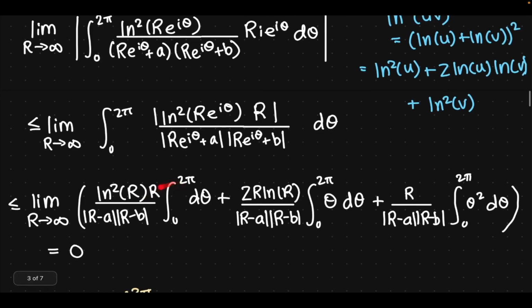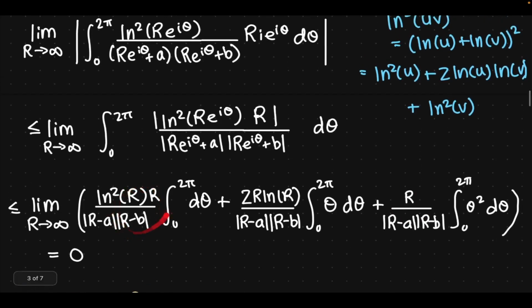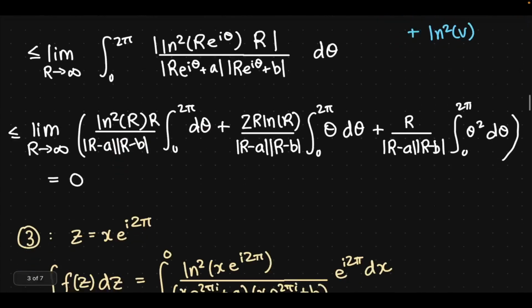And we can now show that ln squared r over |r minus a||r minus b| is going to be equal to 0 in each of these cases. The factors we have in terms of r are all going to 0 as r goes to infinity. These limits are not that hard to calculate. I leave that up to you. Now moving on.